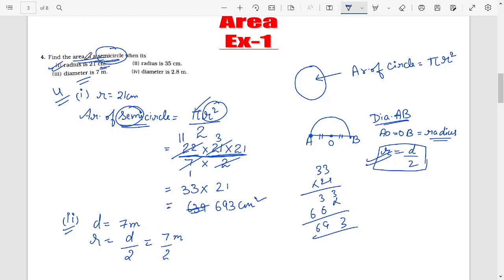Now the heading is find the area of the semicircle. So we will find the area of the semicircle. The formula to find the area of semicircle is, first of all, circle area pi r square. Semi word is coming, so we will divide by 2. In order to make it half, we will divide by 2. Pi value is 22 upon 7. Multiply r square. R is 7 upon 2. So square is coming, so 7 upon 2 into 7 upon 2.